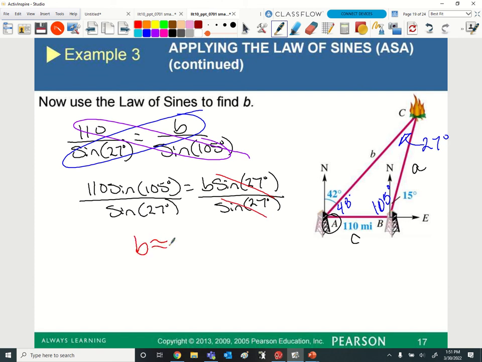I believe this one says round to the 10. Not 10th, 10.